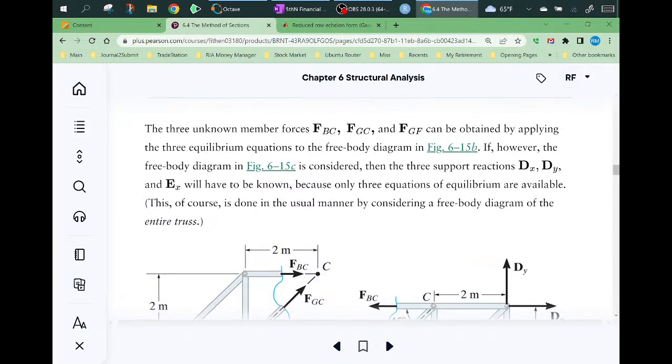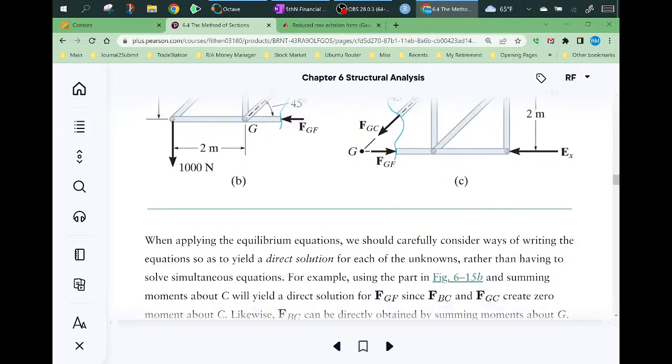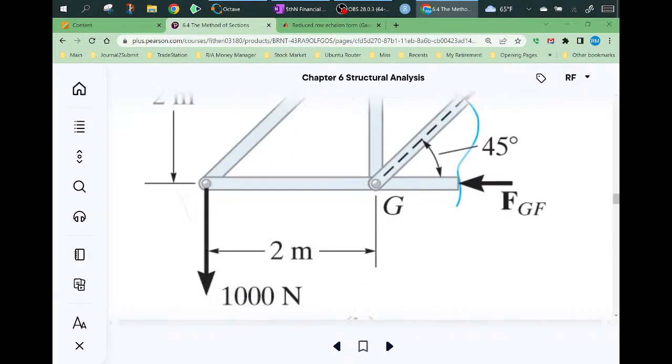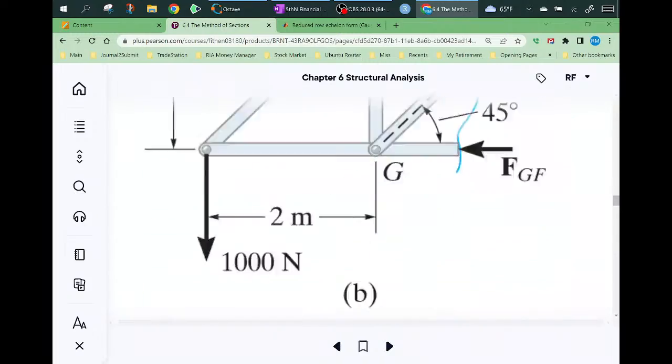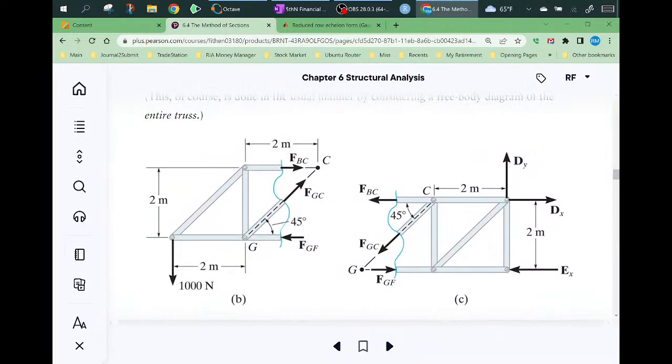So if you go down, I don't know if he solved it. He doesn't solve it, but if you sum the moments about C, what you've got is 4 meters over 2 meters and 2 more meters times 1,000. And then you've got 2 meters times this. So you've got 4 times 1,000 equals 2 times FGF. You move them apart and divide, and you'll get FGF is 2,000.